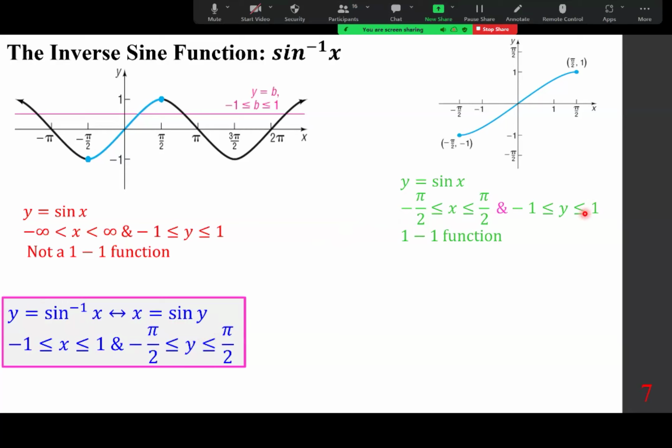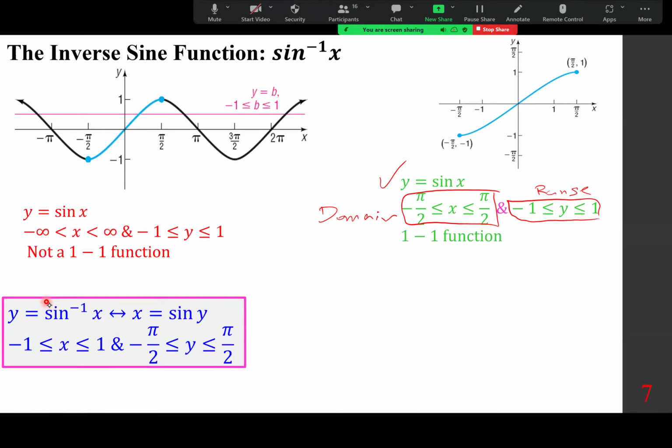The range of sine becomes the domain of its inverse. So this is the range, this is the domain for sine. And by definition of the inverse, they interchange.